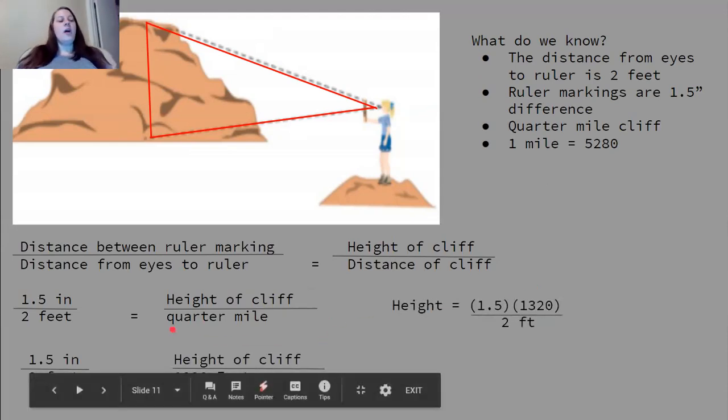And we're going to cross multiply. So we're going to multiply 1.5 times 1,320 and divide it all by 2 to get the height of the cliff. Now we are asked to round, so we get approximately 82 feet as the height of the cliff for this figure.